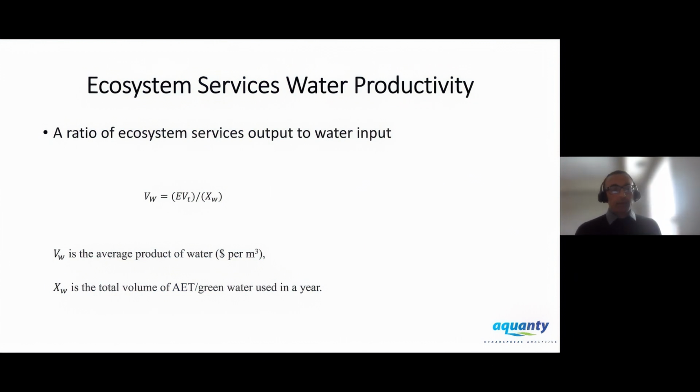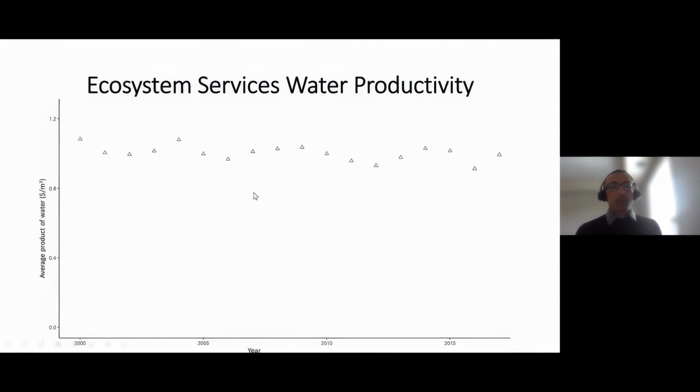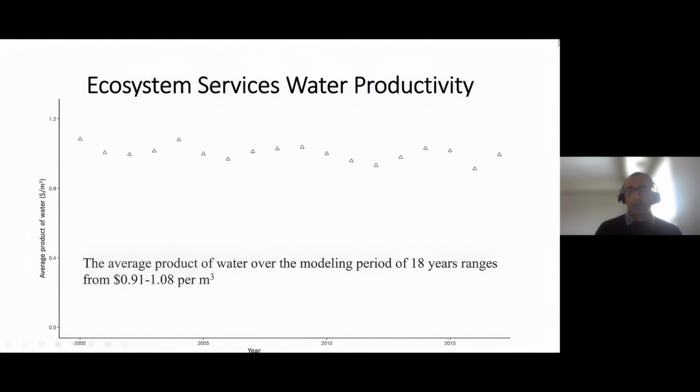Putting the information in this formula, we came up with these values of ecosystem services water productivity from 2000 to 2017. And as you can see, in 2012 the value is low. As I've shown, more water was used and fewer ecosystem services were supplied, therefore the value is low. But if we look over this modeling period, the value varies from 0.91 to $1.08 per cubic meter.